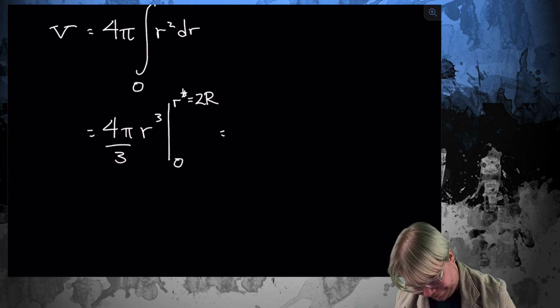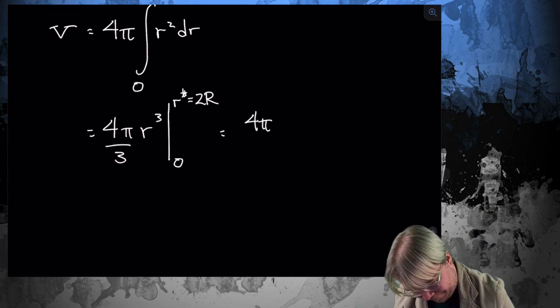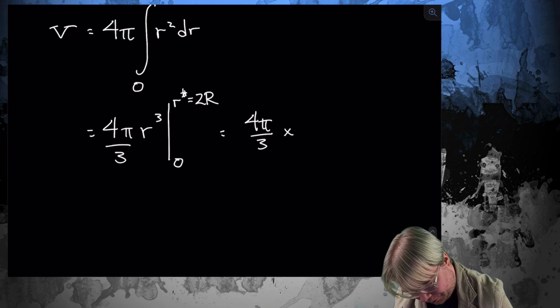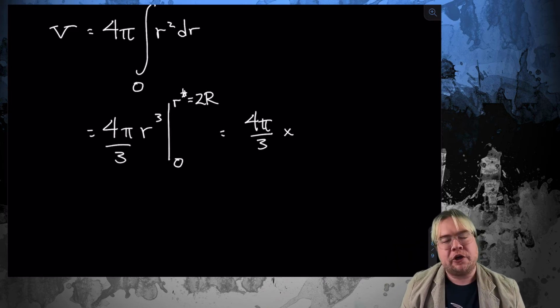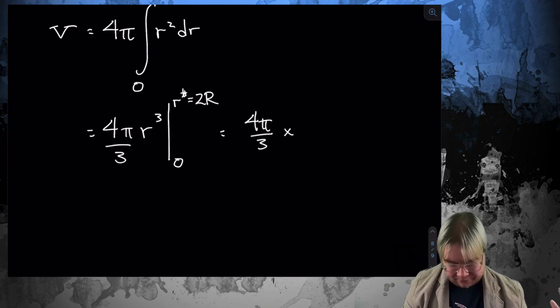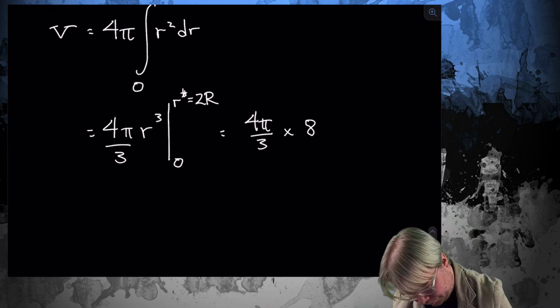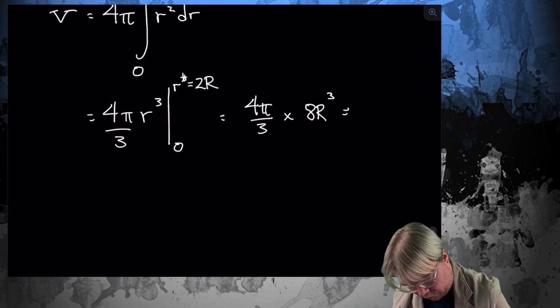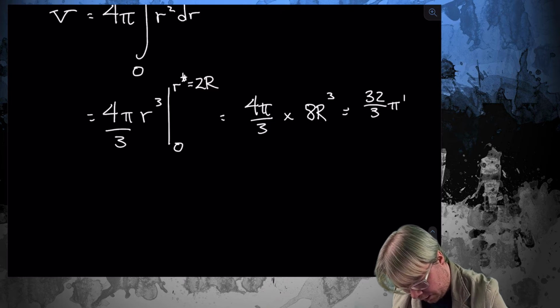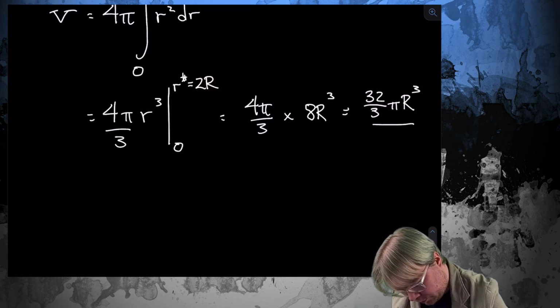All right, so this is what? 4/3 pi times r cubed is 0 if we have 0, and then we have 2r, so we've got 8r cubed, or 32/3 pi r cubed.